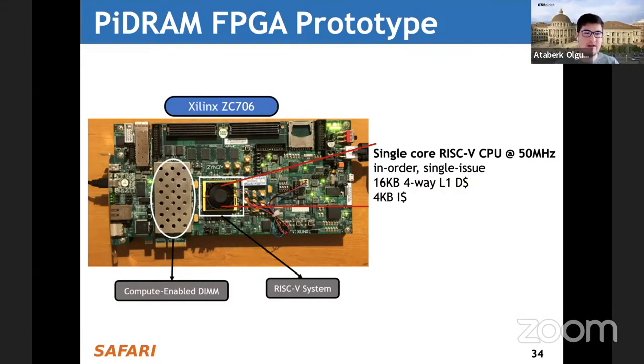So definitely, if we have larger FPGAs, we can fit more cores. I think Rocket Chip already supports implementing multiple cores. So it would be possible, either larger cores or the same core, but many more of them. Basically, we can extend PiDRAM, or PiDRAM prototypes with more cores can be developed.